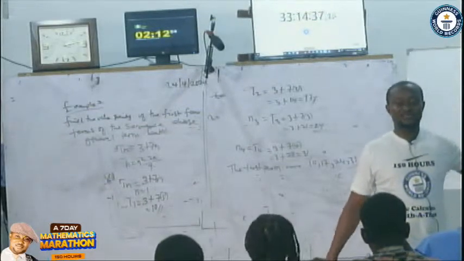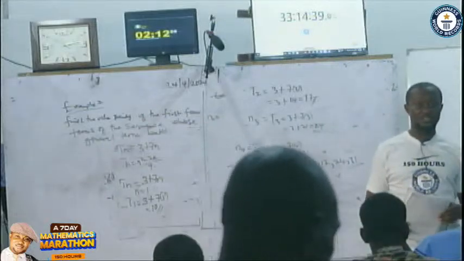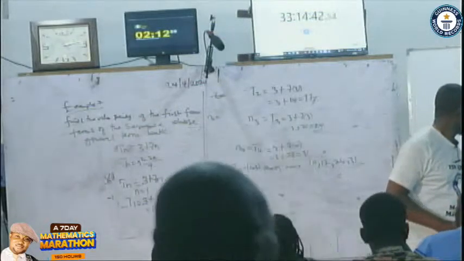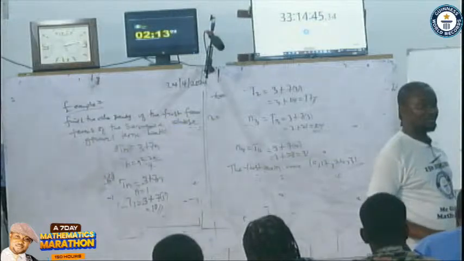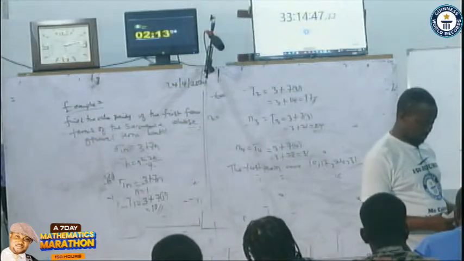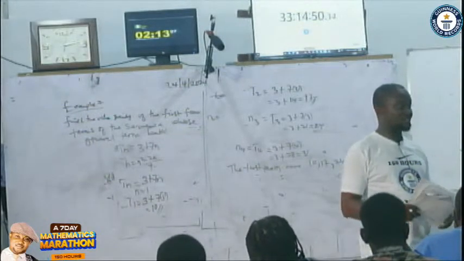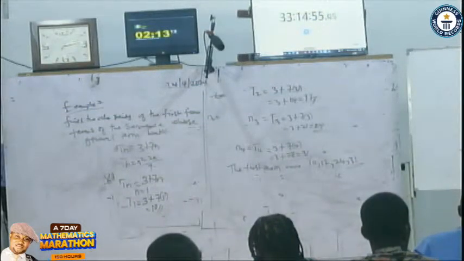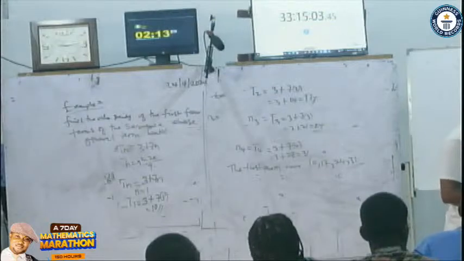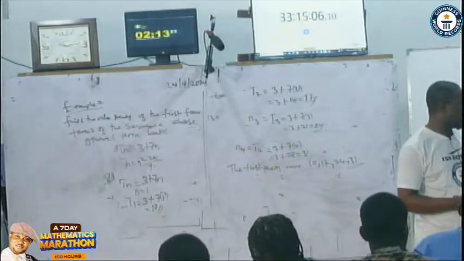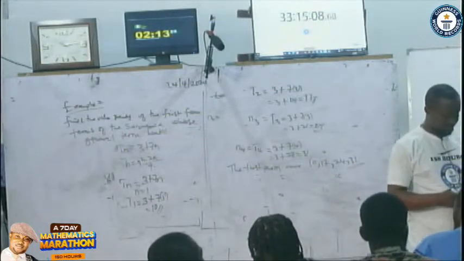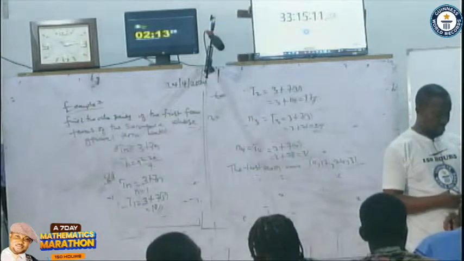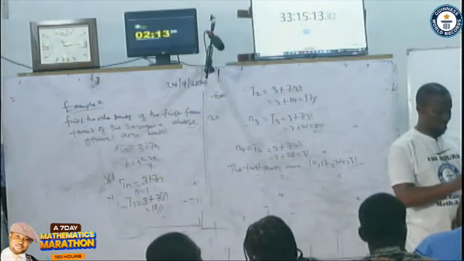So please, we talked about series. If you have a series like 2, 4, 6, it doesn't mean that we are going to be having the corresponding values as 3, 5, 7, 9, 11 as series.